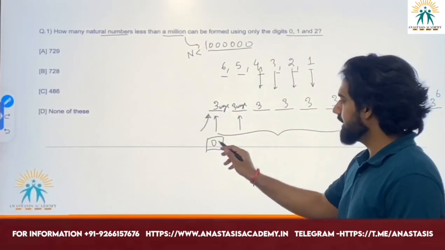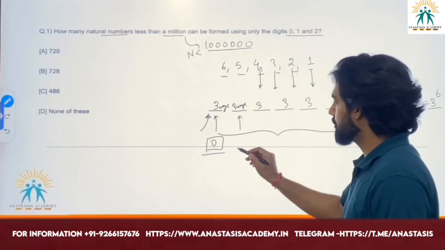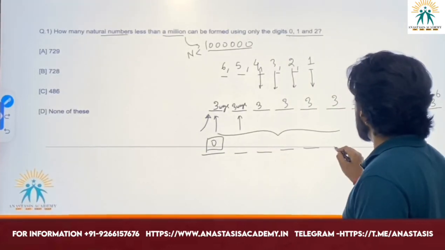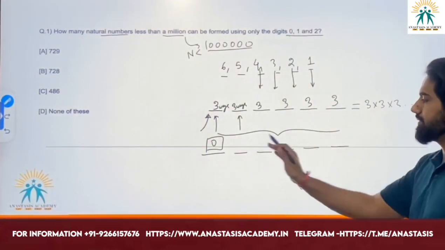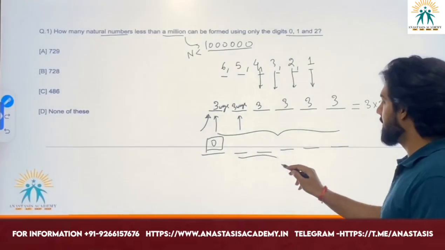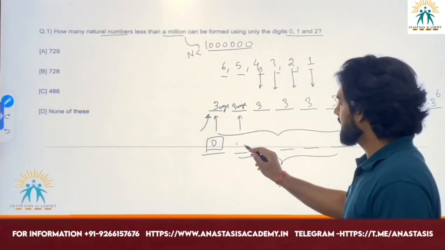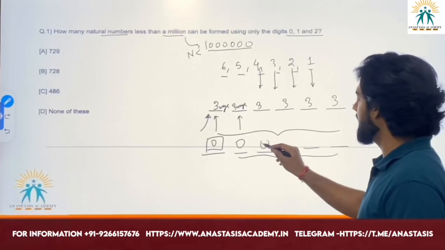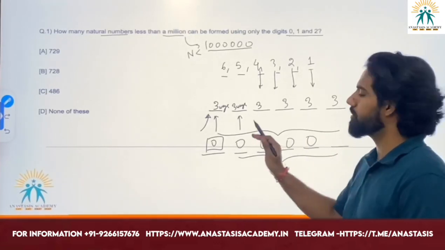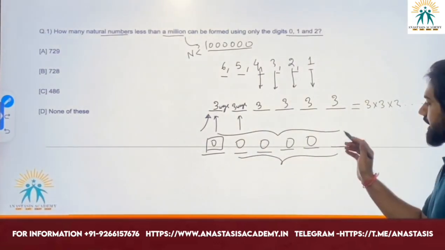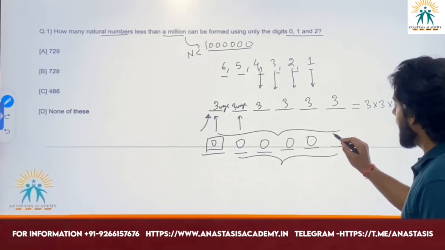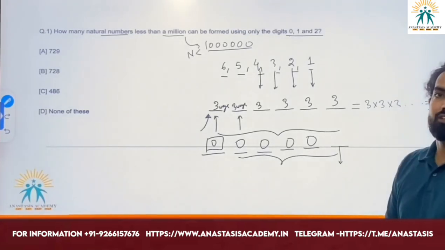If I assume that the first digit is 0, my number turns out to be a 5 digit number, so I have counted the number of 5 digit numbers. If the second digit is also 0, and the third, fourth and fifth digits are also 0, now I am counting the number of single digit numbers.